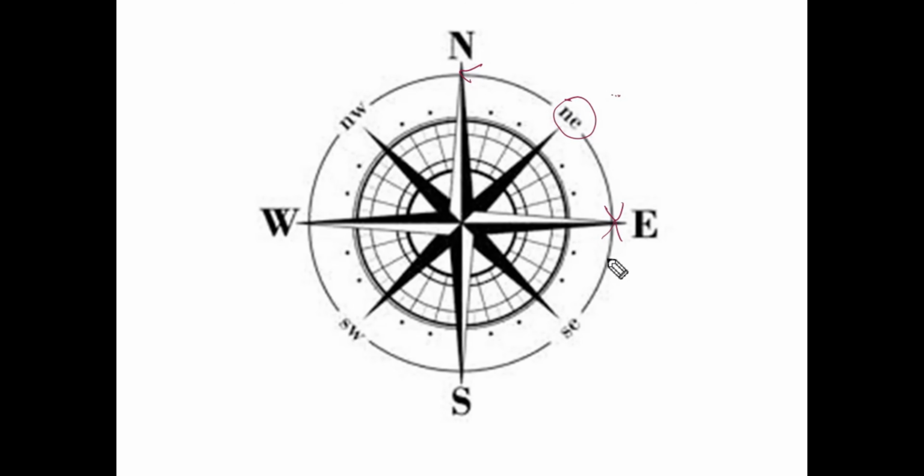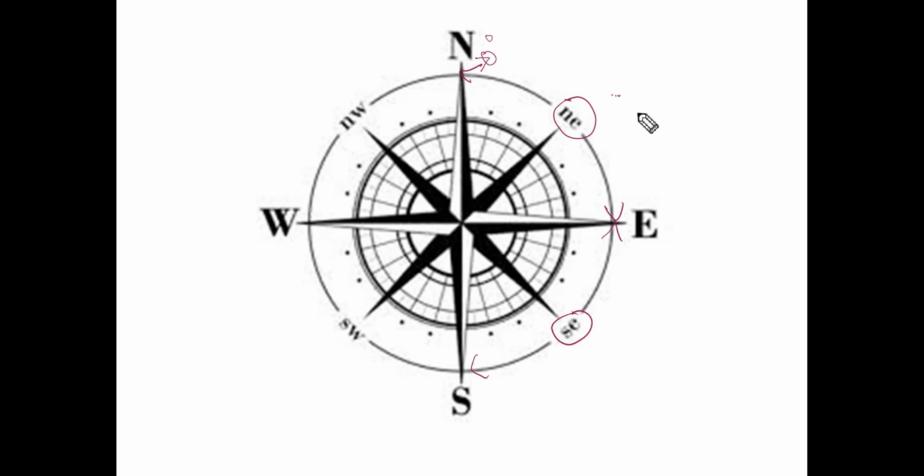This is the region between south and east. This is southeast. So northeast is not a single line. This line can be anywhere in this region, starting from more than 0 degrees to less than 90 degrees.